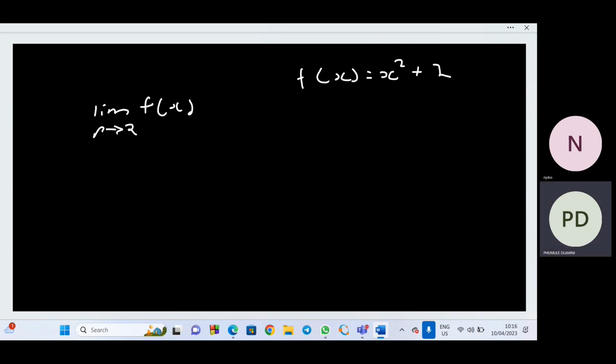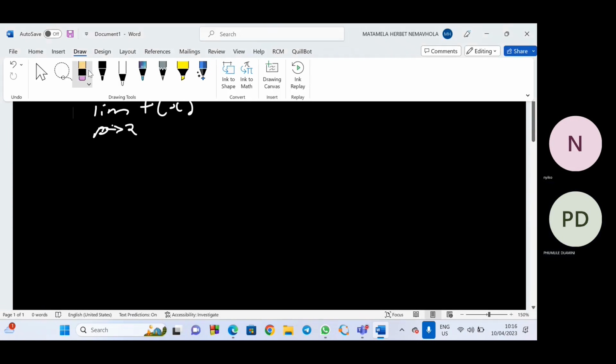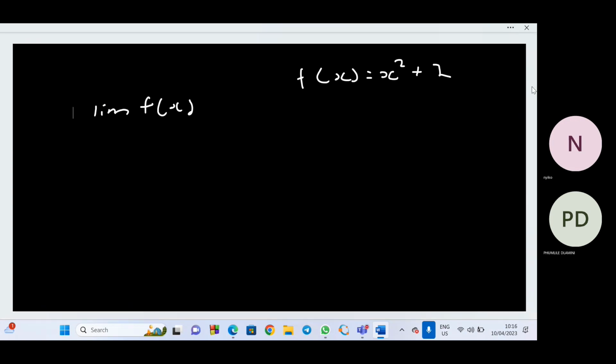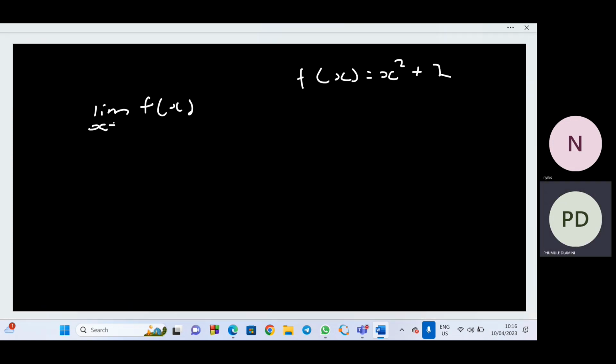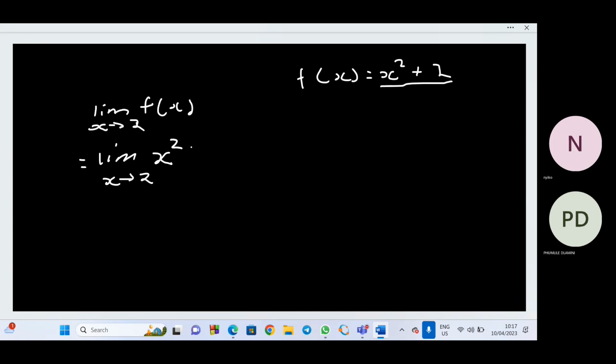So in order to find the limit as x approaches 2 of x squared plus 2, this is not the same as the first principle.